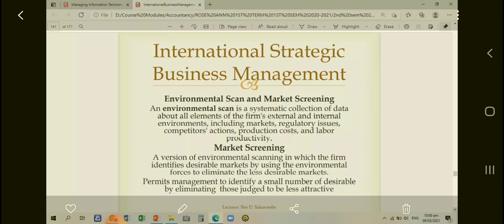Next is market screening, a version of environmental scanning in which the firm identifies desirable markets by using the environmental forces to discriminate against the less desirable markets. It permits management to identify a small number of desirable markets by eliminating those judged to be least attractive.